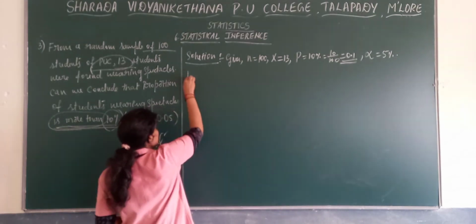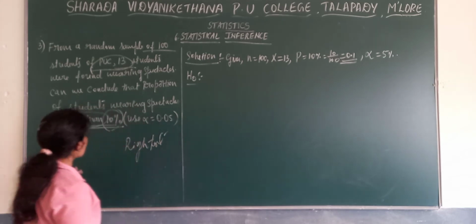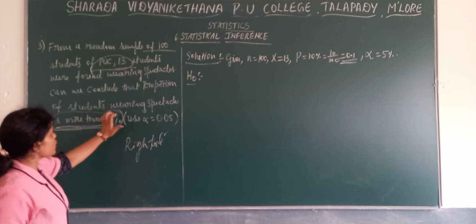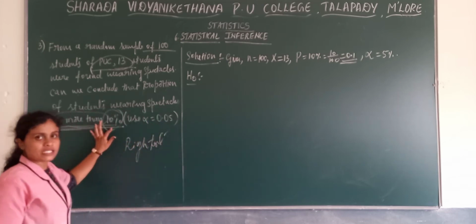Now set the null and alternative hypothesis. Now here see the question. Can we conclude that the proportion of students wearing spectacles is more than 10? So we need to make P equal to 10.